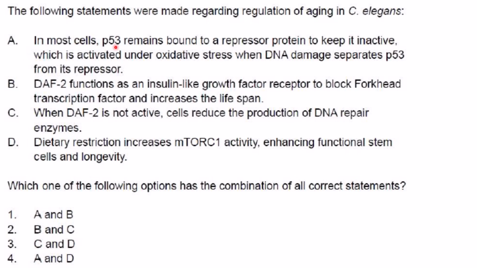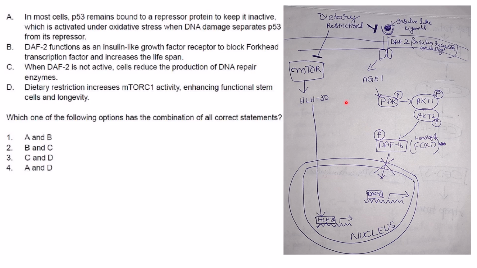So in most cells P53 remains, okay, now before that I will tell you the pathway. Okay, so this is the pathway. This is an insulin-like ligand that is binding to its receptor DAF2, and DAF2 is an insulin receptor ortholog. We already learned with regard to FOXO and insulin just 2-3 questions back.